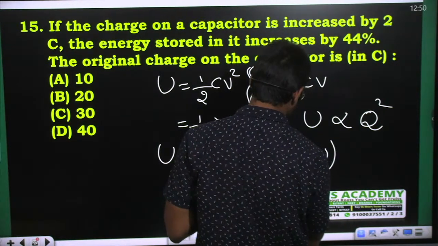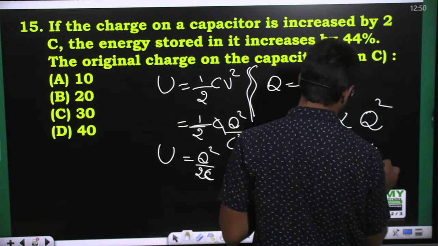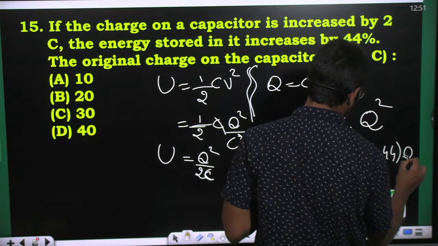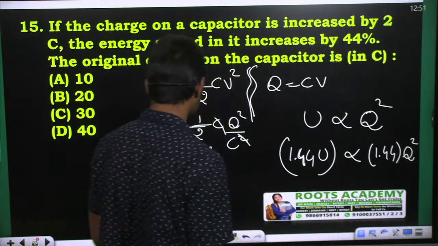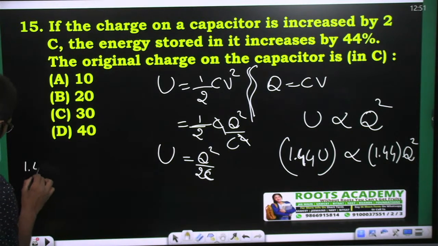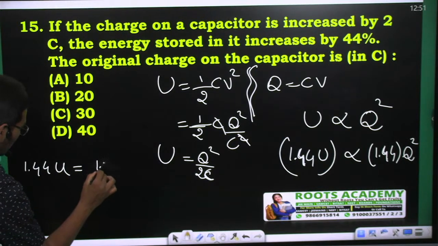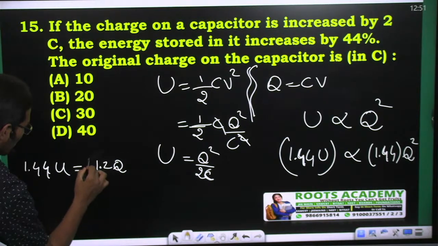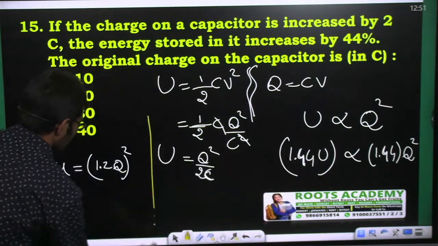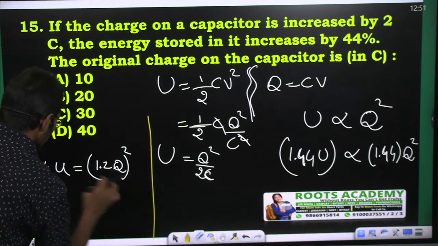So 1.44 U is proportional to Q square. Multiplying 1.44 on both sides, what does it lead to? 1.44 U is proportional to 1.2 Q whole square, right? Not equal to, proportional to.